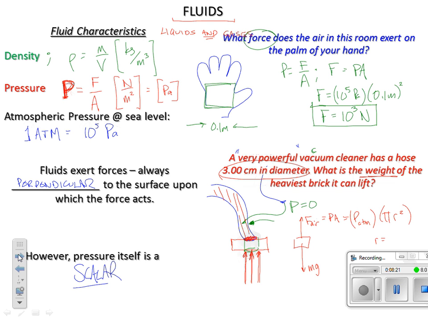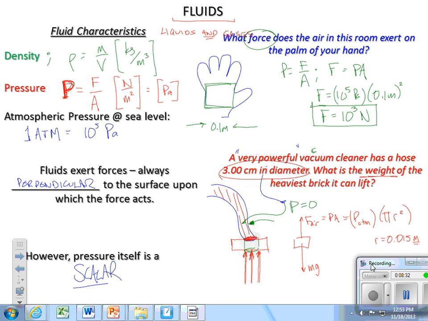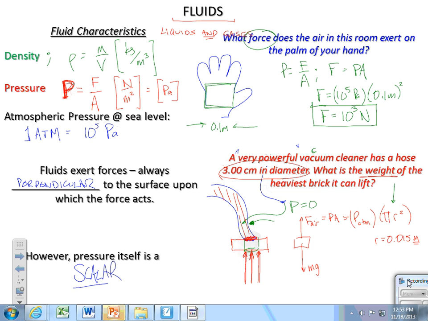Don't forget that your r is 0.015 meters. A 3 centimeter diameter is a 1.5 centimeter radius. We use that to find the area. Okay? So whatever that is, it is. All right, but neat thing about vacuums, right? They don't necessarily pull, they get rid of the push.